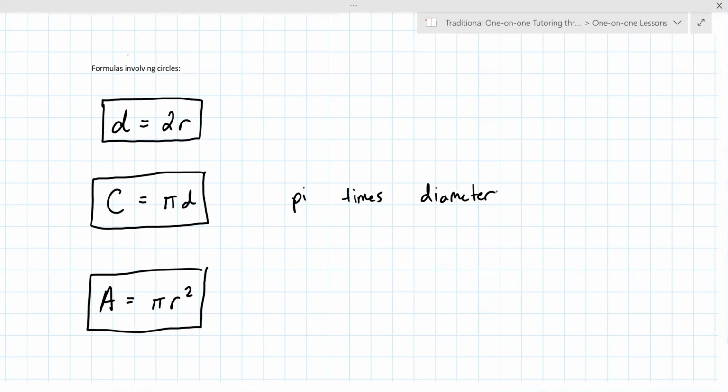Yeah, I think I got them down. Well, do you have them down or not? Yeah, I have them down. I just have pi equals 3.14, D equals 2 times R. Wait, but those are not the same formulas. I know, we're going to use the letter pi, not 3.14. Oh, yeah.